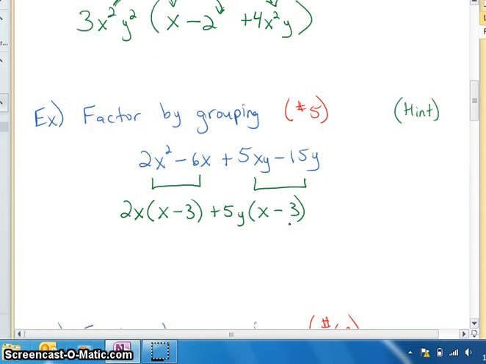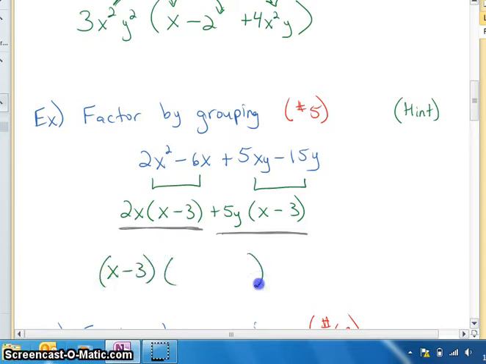Now I can look at the greatest common factor, because this is 1 term and this is 1 term. So now I have a binomial here that has a greatest common factor. The greatest common factor is x minus 3.